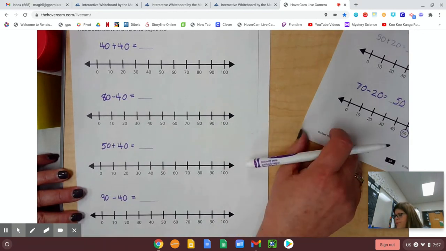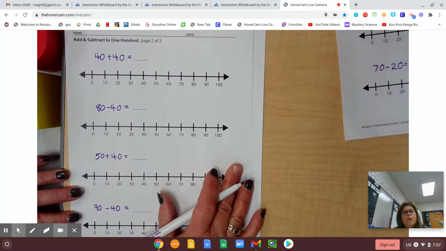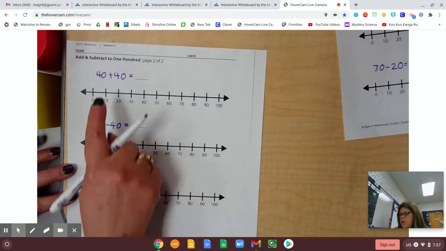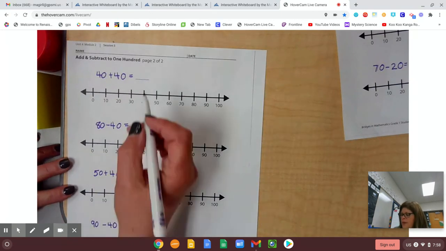So now I'm going to ask that you go ahead. If you're ready to go, I'd like you to try to do 40 plus 40. I'm not going to show you where to start. I want you to try it. Okay, let's look.